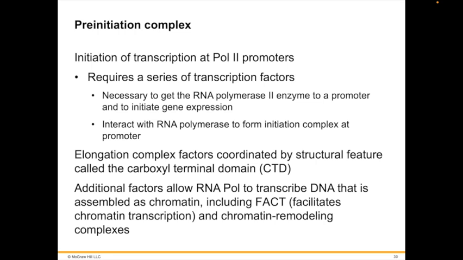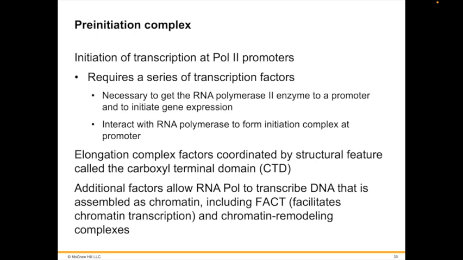Elongation complex factors are coordinated by a structural feature called the carboxyl terminal domain. And then additional factors allow RNA polymerase to transcribe DNA that is assembled as chromatin, including FACT, which facilitates chromatin transcription, and chromatin remodeling complexes.